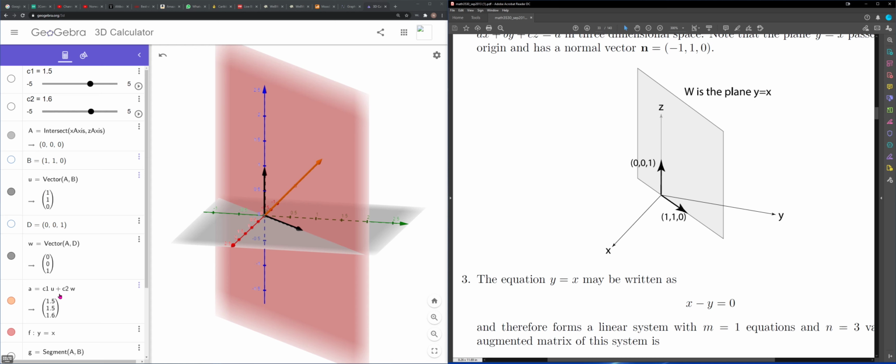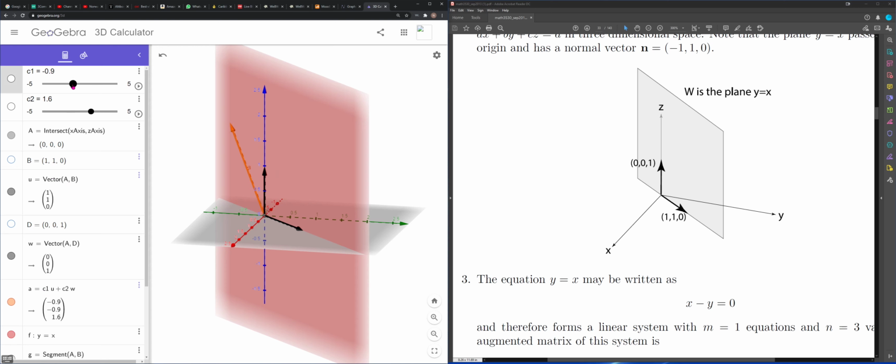I'm going to take linear combinations of this u and this w: an arbitrary scalar times u plus an arbitrary scalar times w. That's a linear combination of u and w. With these sliders I can change the values of C1 and C2, and let's see what happens.